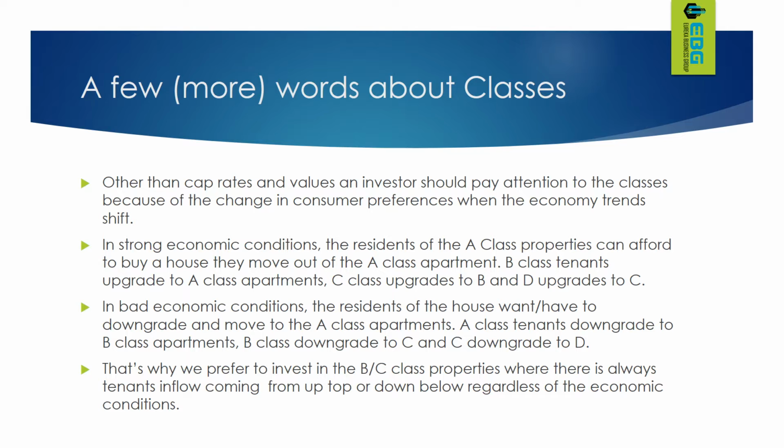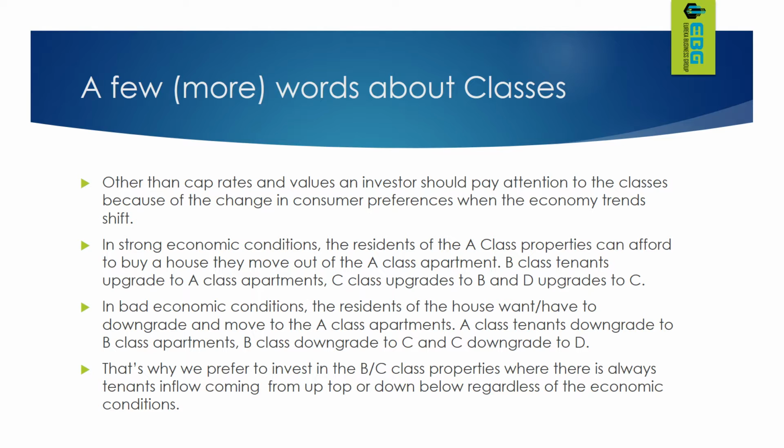So when you have a strong economy like we have today, and it's March 2017, then the A-class tenants go and they can afford and they buy a house. And B-class tenants upgrade to an A-class apartment, C upgrades to B, and D upgrades to C. So everybody moves up because the economy is great. People have jobs, people earn a lot more money, so everything is going great.